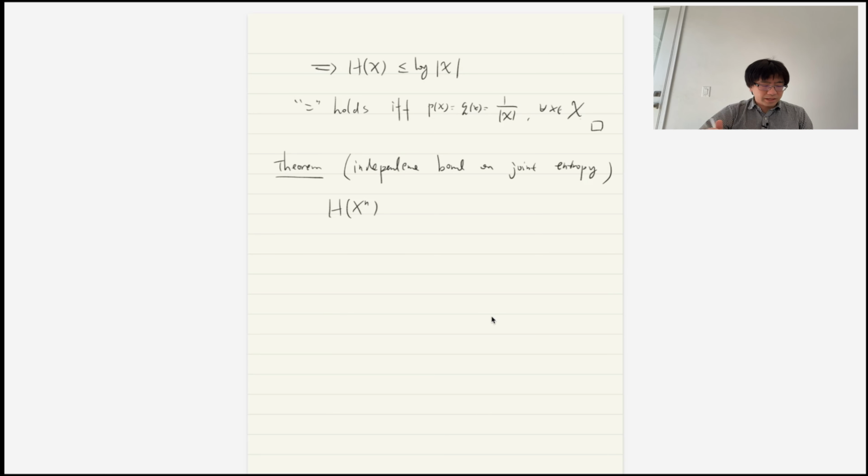So this means that the joint entropy of a vector of random variables will be less than or equal to the summation of the individual entropies. Okay, and it's kind of obvious why this is true, right? Hopefully all of you should be able to see that.